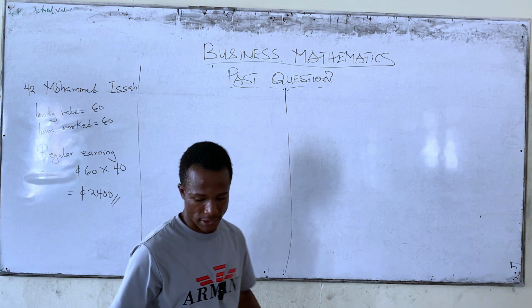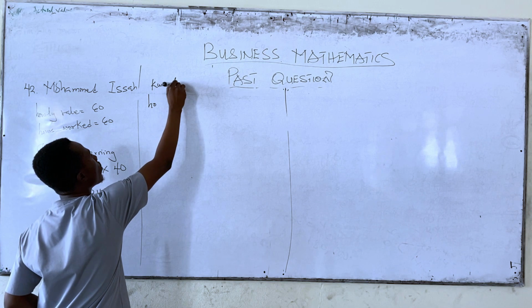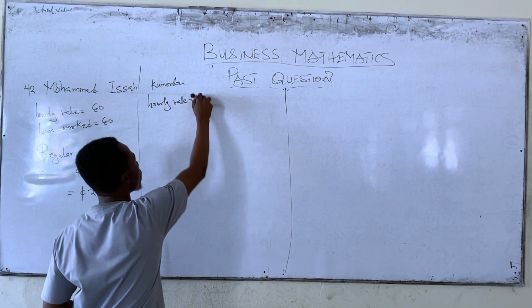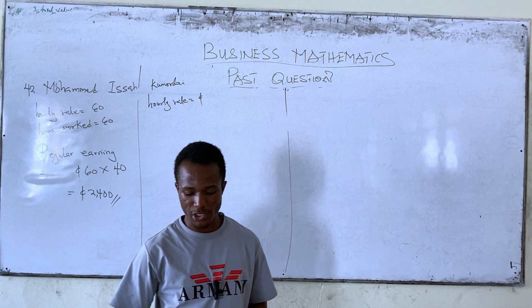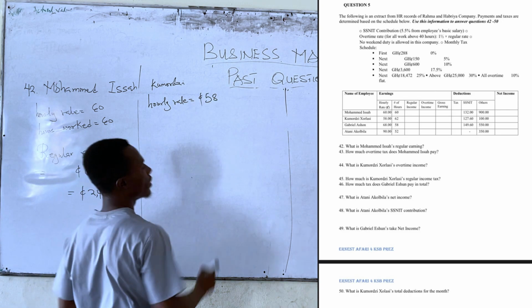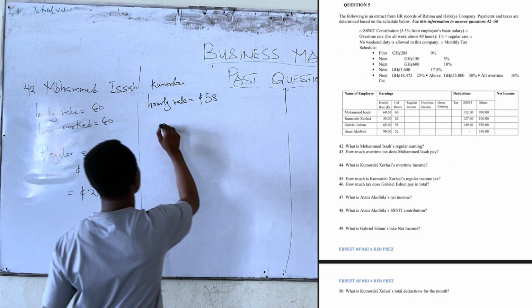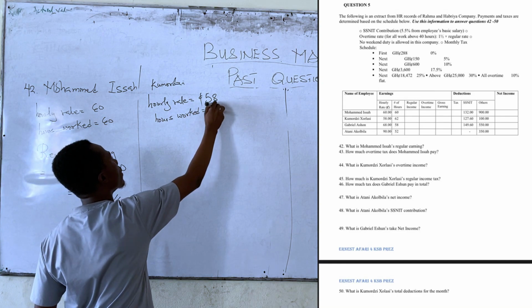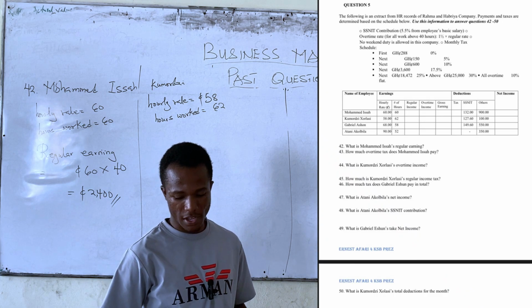Now Kumoji has an hourly rate, sorry for pronouncing the name wrong. If you have that name, I'm sorry I couldn't mention it properly. The hourly rate is 58 Ghana cedis. Then the number of hours is 62. So hours worked is 62 hours.